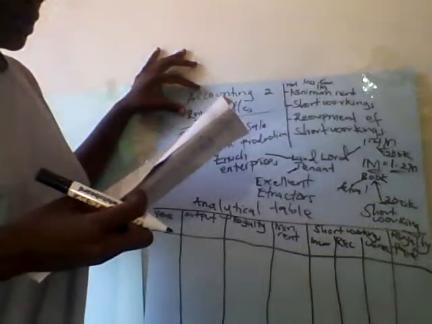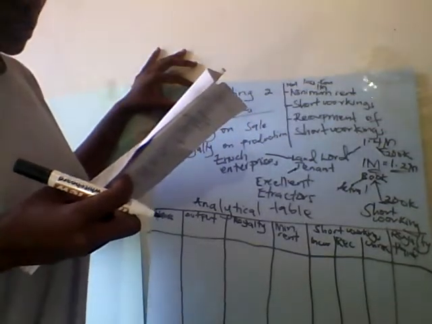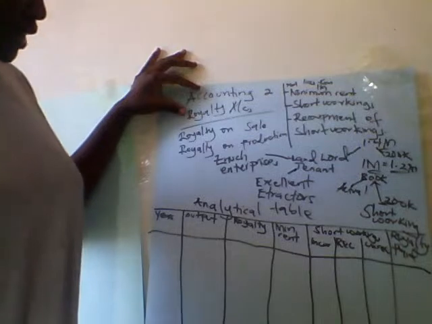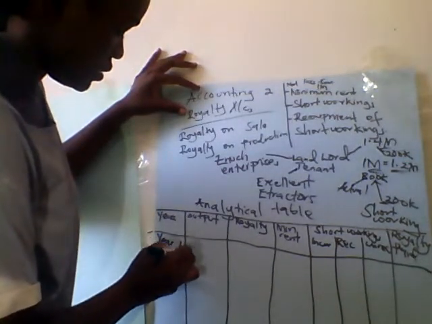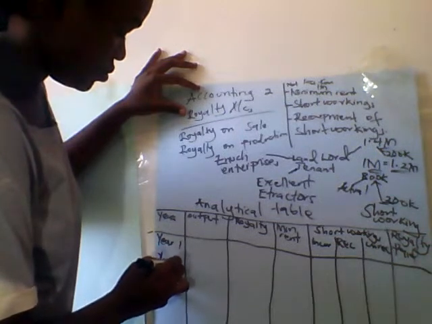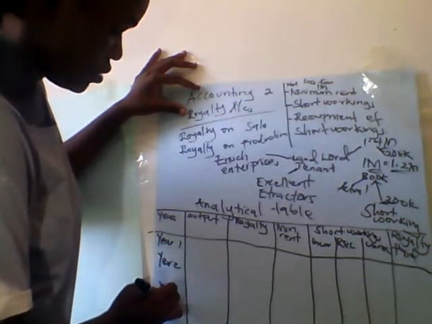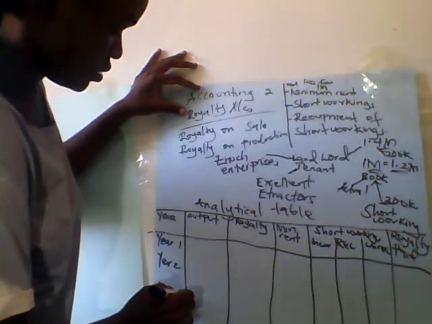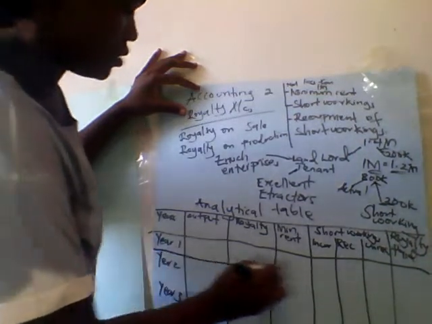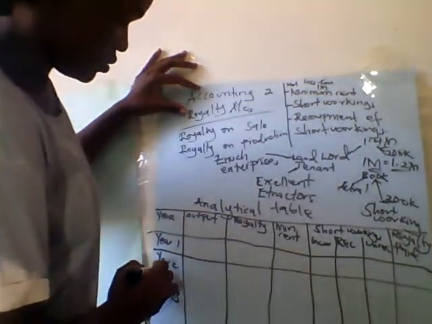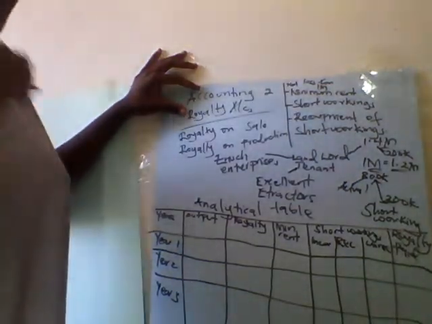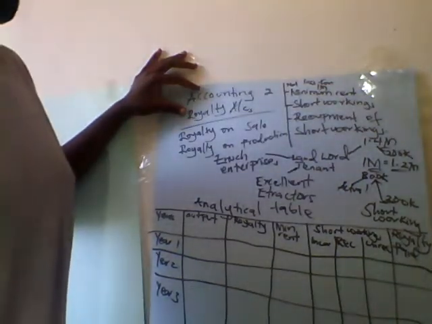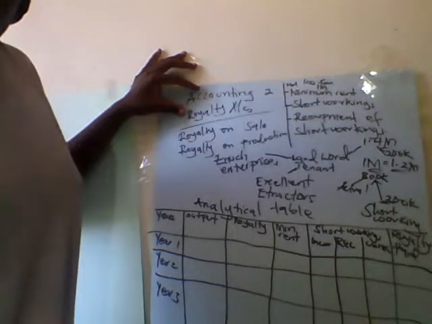So they have told us we have 3 years, year one, year two, and year three. Then for year one, they have given us what was produced.